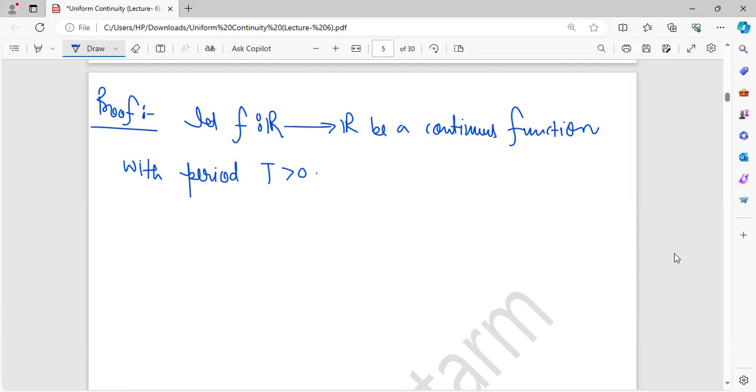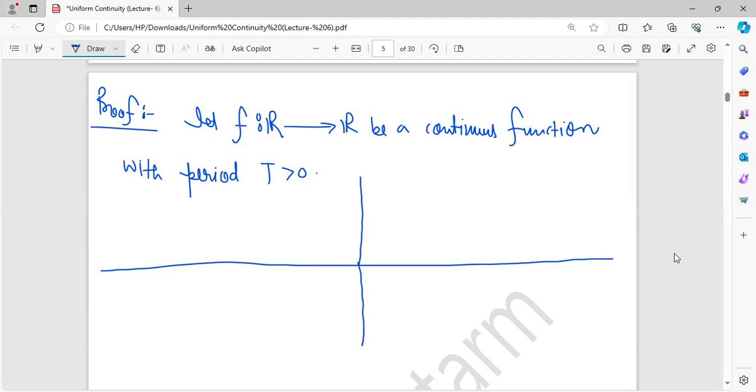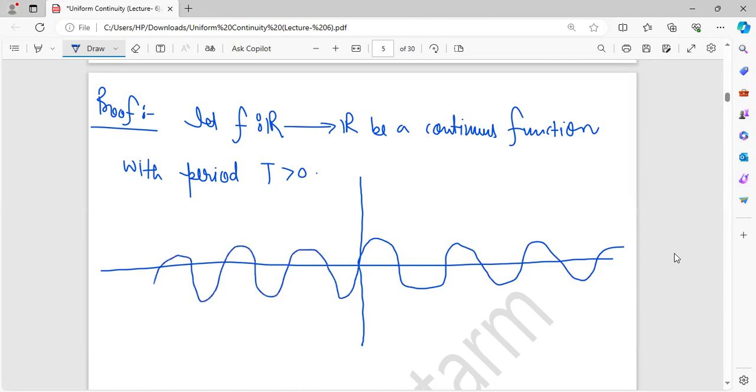For example, you see f is sin x. For imagination, this is the real line, and its graph looks like this.